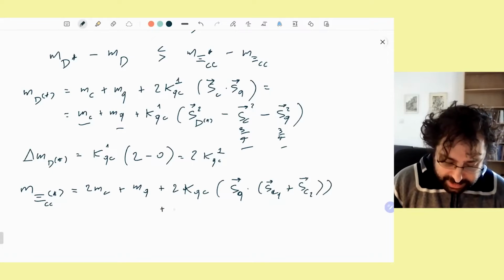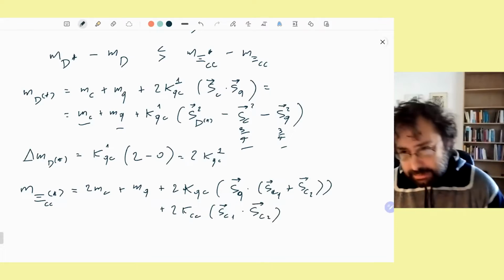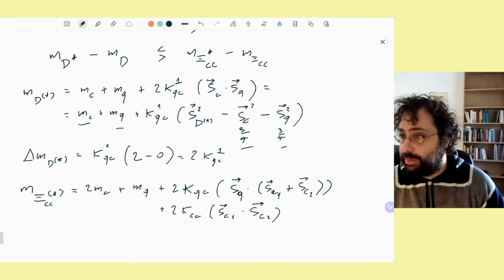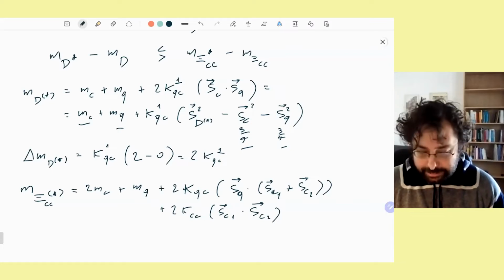Or you can have the interaction between the 2 charm quarks. Okay, these are just the same as the mass formula we wrote on Tuesday.